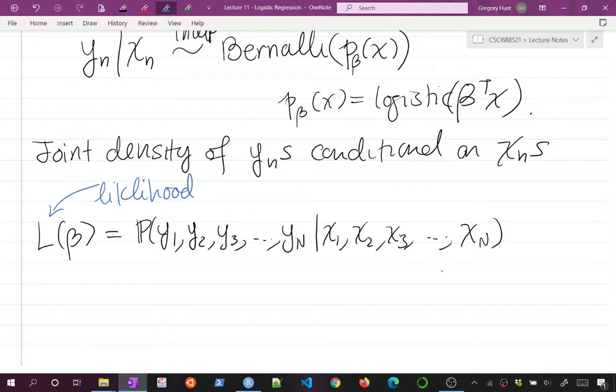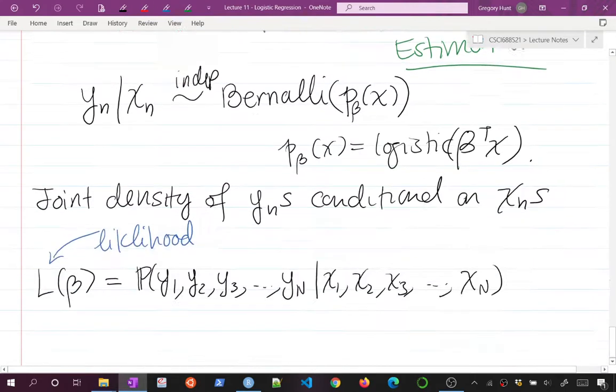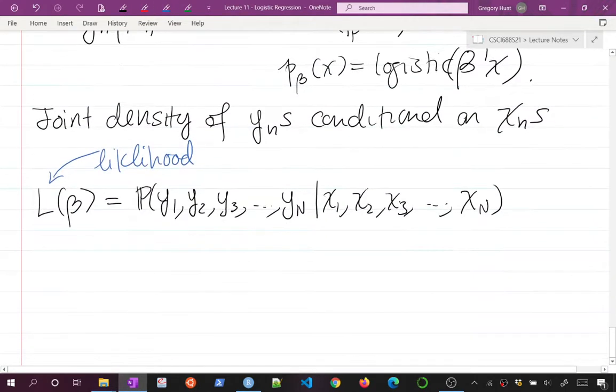If that's really small, probably beta is not negative 100. If it's high, say when beta is 1, this is probable under my model, and you'd say that's a better estimate of beta. We're just going to choose the one that is, quote, the most likely. This is what we call maximum likelihood estimation, and so you're maximizing this likelihood.